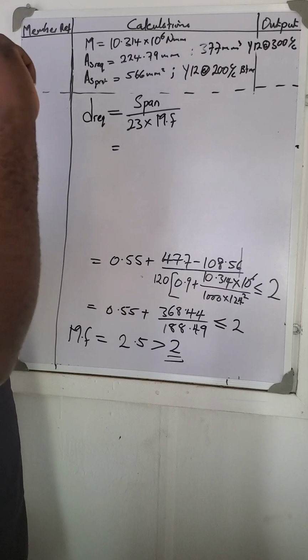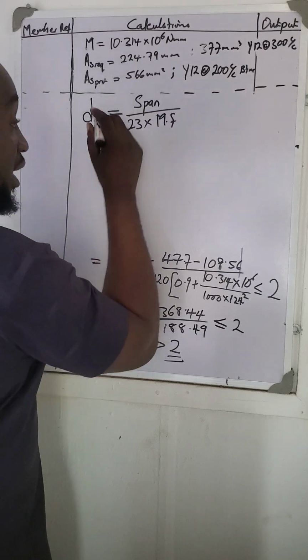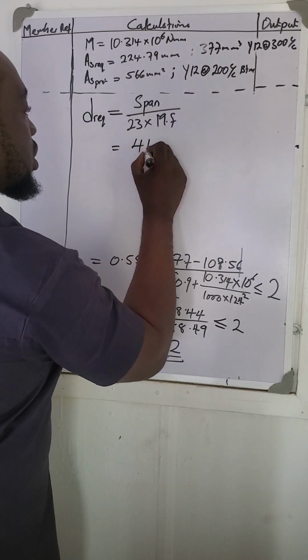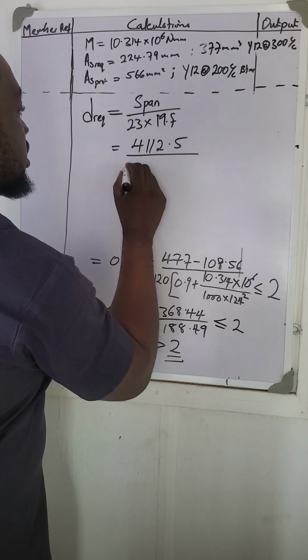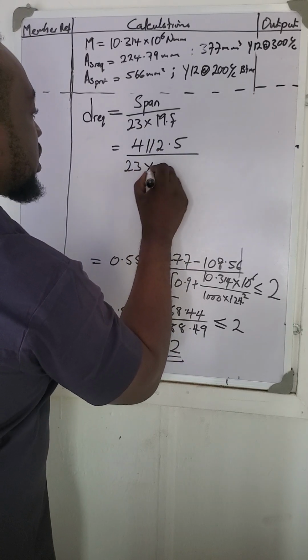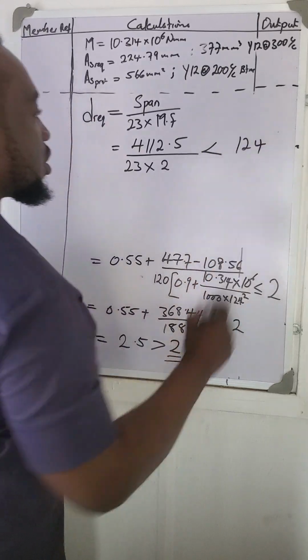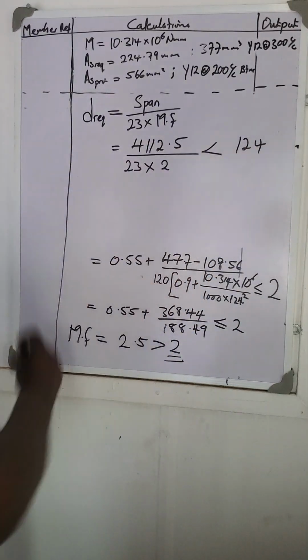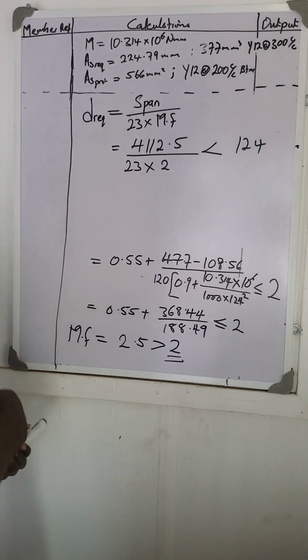Then our span: we worked on the span, the shortest span was the Lx, 4112.5, over 23 multiplied by 2. This must be less than 124. If you compute and it's less than 124, it means that the deflection is satisfied.